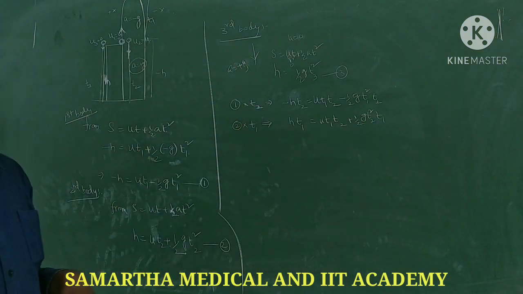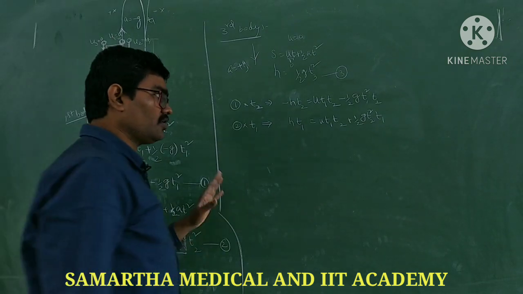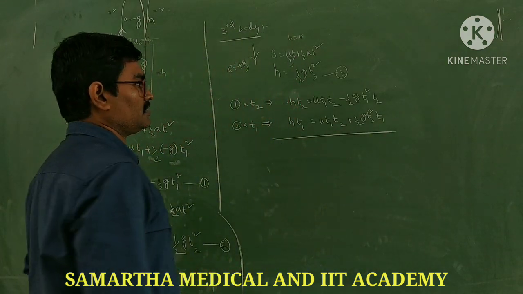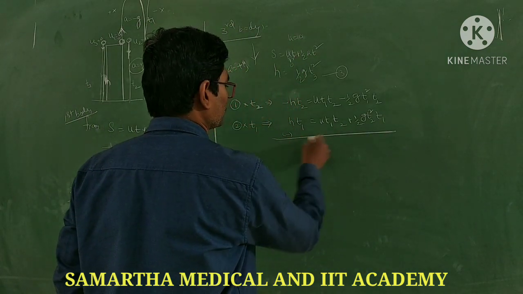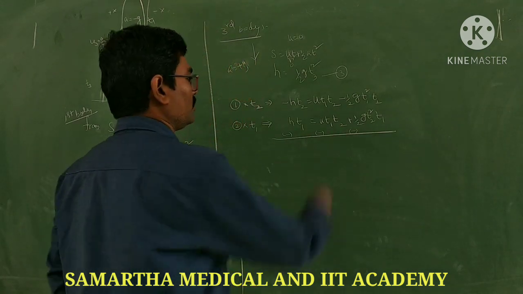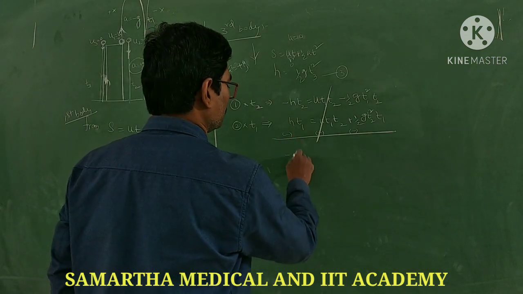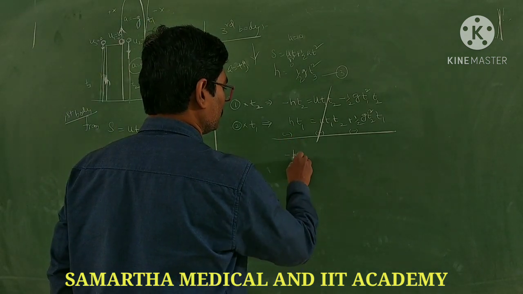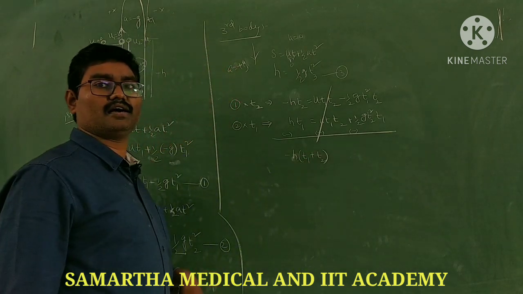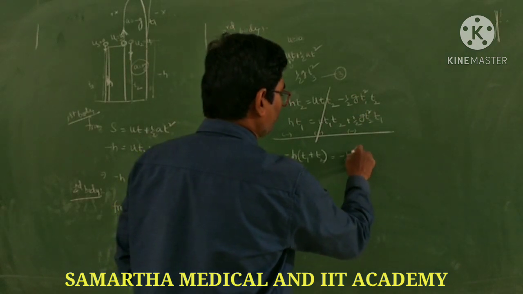One thing you can do: not adding, subtract. So what I am going to do is subtraction. The u terms cancel. What will you get? Minus h t1 minus h t2, that is minus h into t1 plus t2, is equal to minus half g.